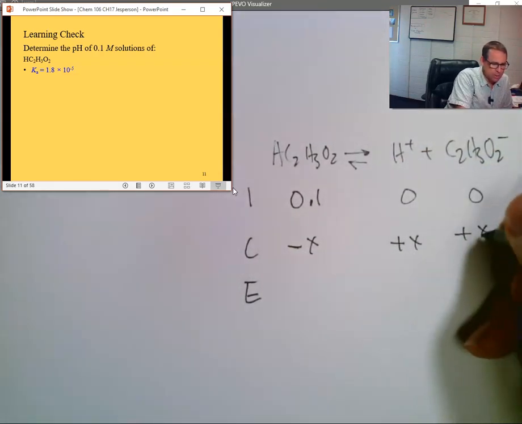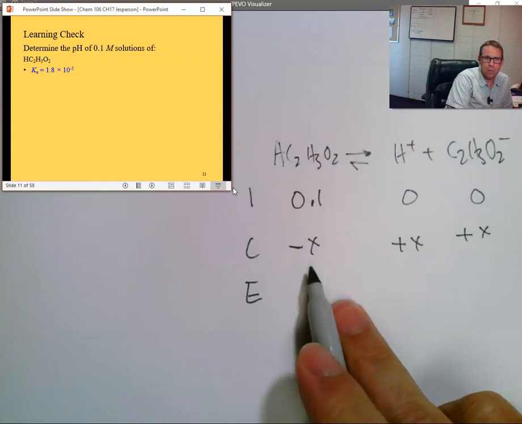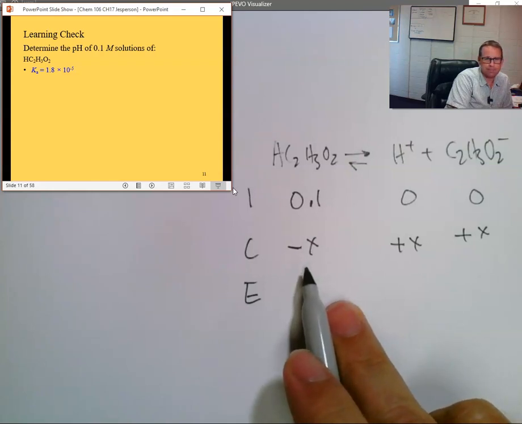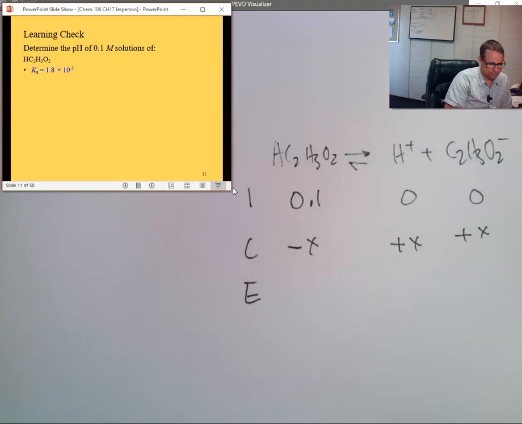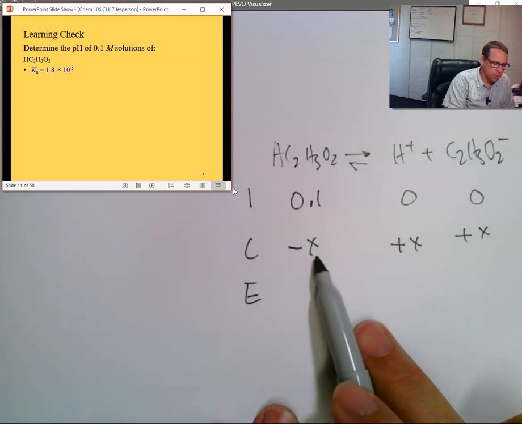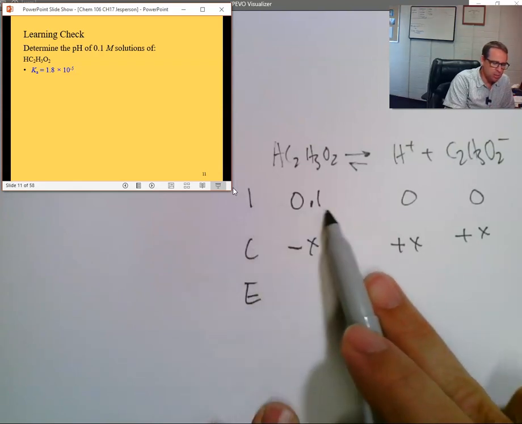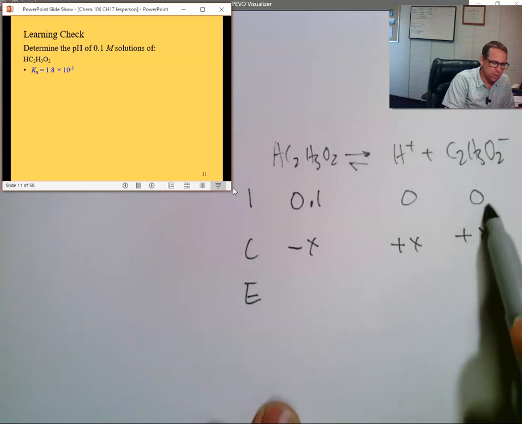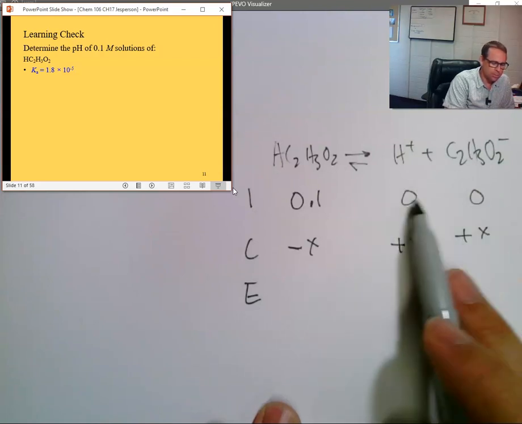Now, how did you know that this was minus X here and not plus X? Because our Ka was very small. Okay. I think. Well, the real reason we knew here was because in the initial concentrations, there's no product yet.